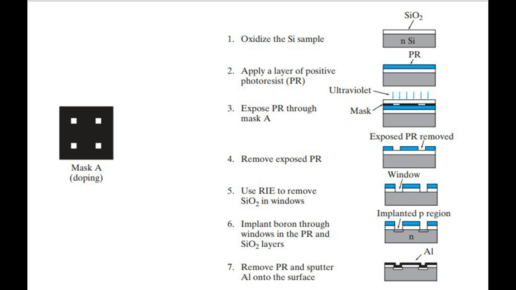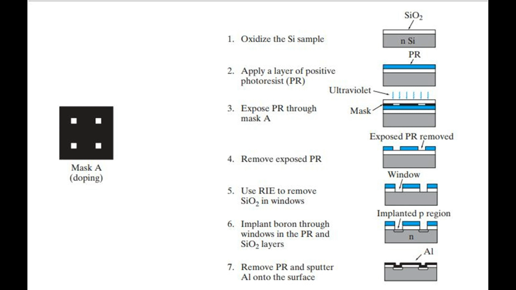Figure 5.10: Simplified description of steps in the fabrication of p-n junctions. For simplicity, only 4 diodes per wafer are shown, and the relative thicknesses of the oxide, p-layer, and the Al layers are exaggerated. 1. Oxidize the silicon sample. 2. Apply a layer of positive photoresist. 3. Expose photoresist through mask. 4.